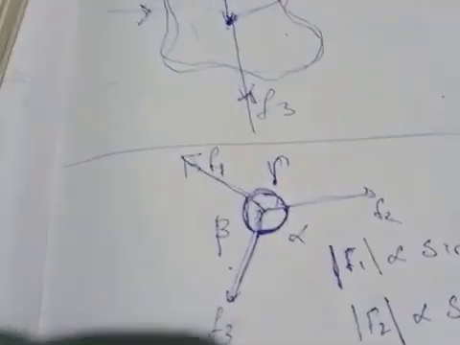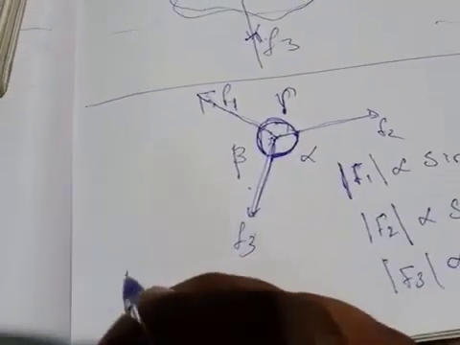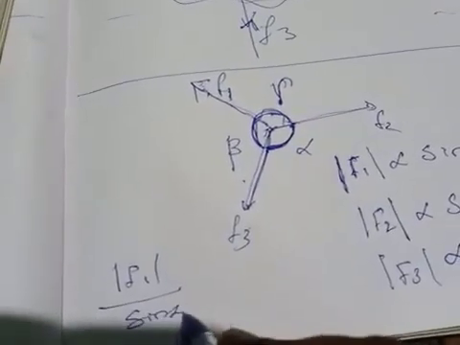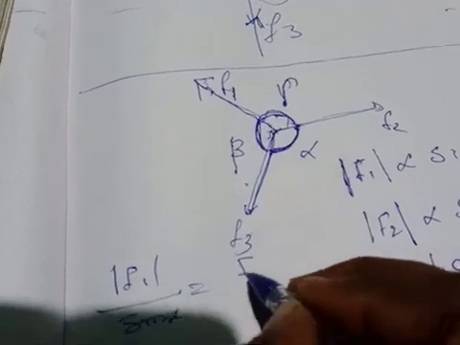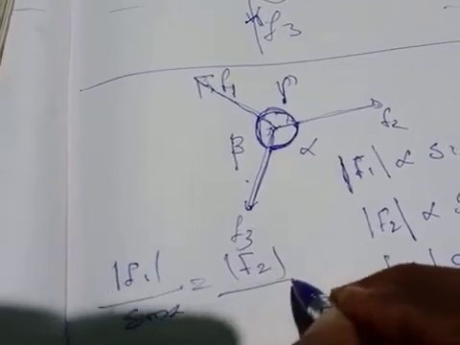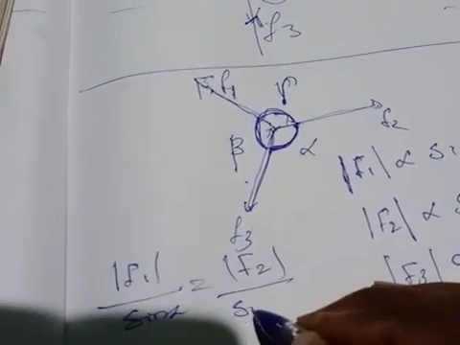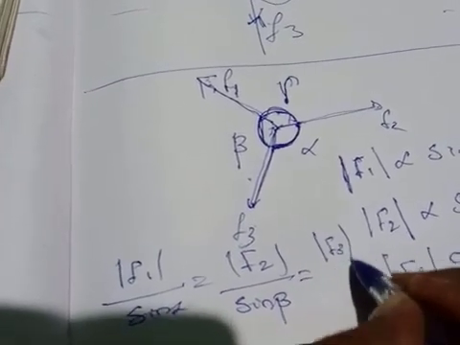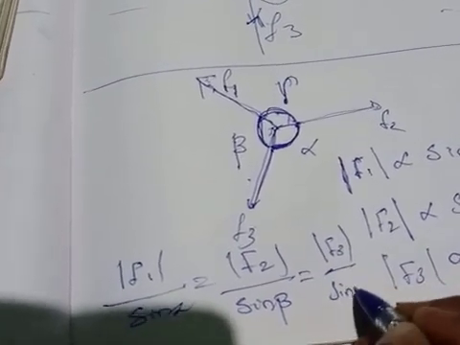Therefore, you can write this equation: F1 divided by sine alpha equals magnitude of F2 divided by sine beta equals magnitude of F3 divided by sine gamma.